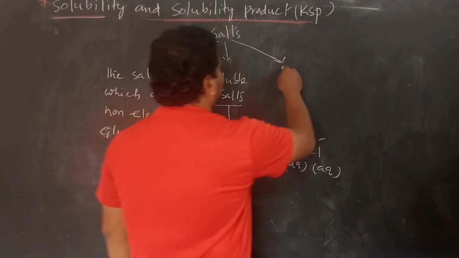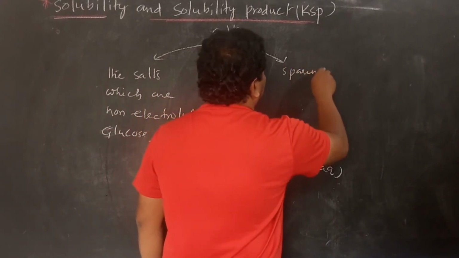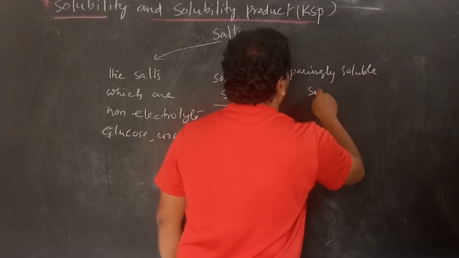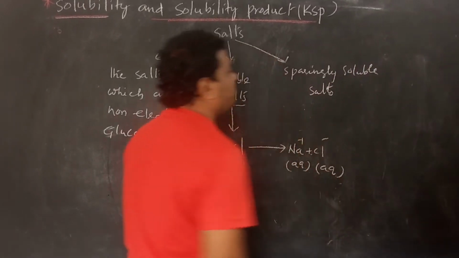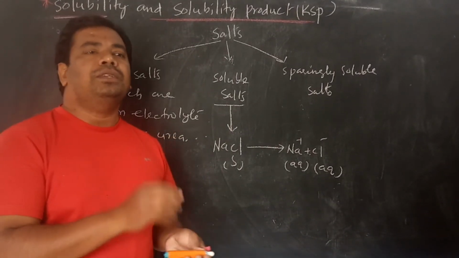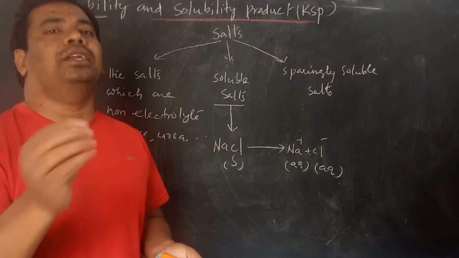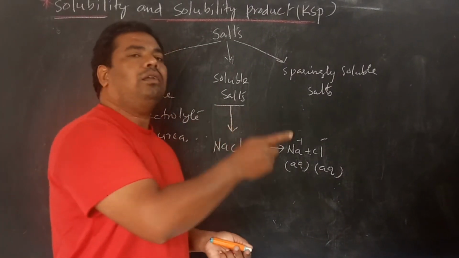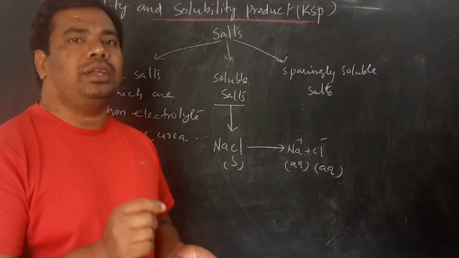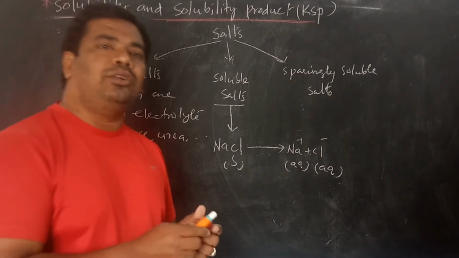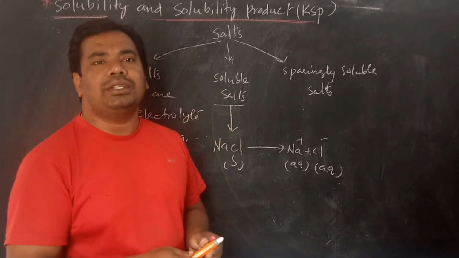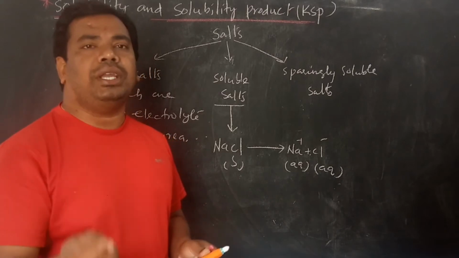And the third one is sparingly soluble salts. Sparingly soluble salts means the salt or substance which is not completely dissociated into ions. It forms an equilibrium between undissociated salt and dissociated ions.